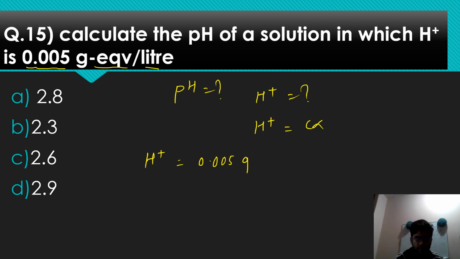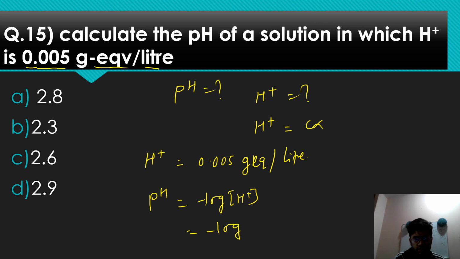Therefore, pH will be minus log H plus, that is minus log 0.005, and the answer is 2.30. The right answer is B.